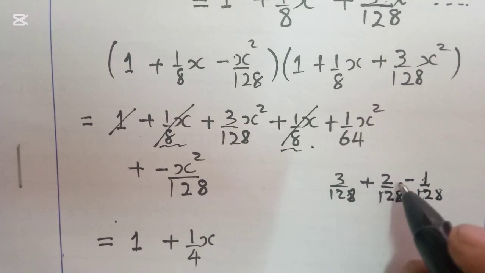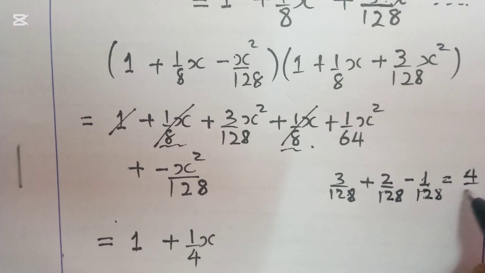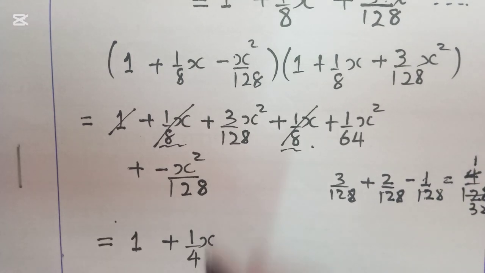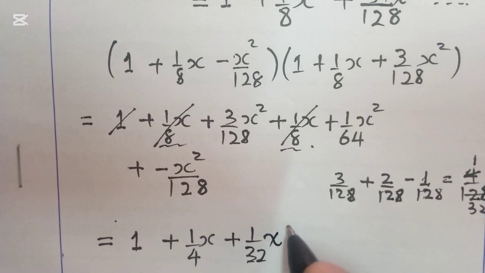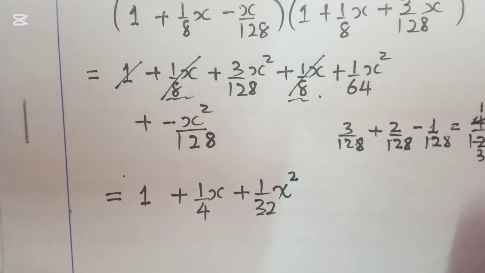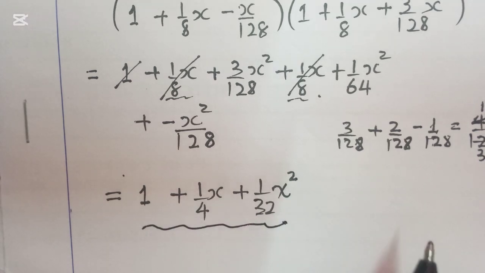So this is 5 minus 1, we get 4 over 128. We can divide by 4 there, 1 by 4, that is 32. So now this is going to be plus 1 over 32 x squared. So guys, this is now our final solution for the series.